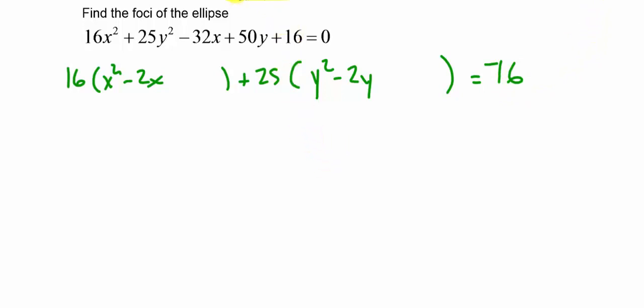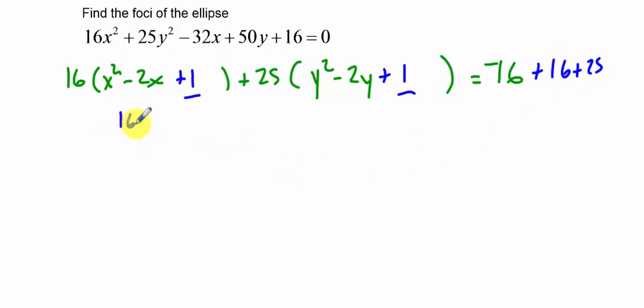So now we'll go ahead and complete the square. Half the middle term and squared is 1. Half the middle term and squared is 1 again. But you'll notice I'm not just adding 1 because there's a multiple out in front of each parentheses. So I'm really adding 16 and 25. So I have to do the same to the right side.